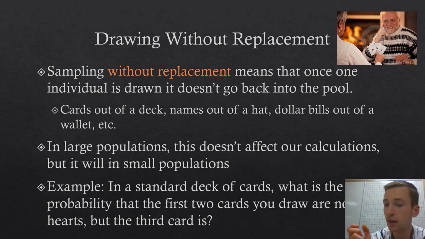But on the second card, again, we don't want that to be a heart, so we now have 51 cards, that would be our denominator, and 38 of those are not hearts. And then on the third card, we're now down to 50 cards, so that would be our denominator, and now we have 13, so 13 out of 50. To get our final probability, you would just multiply those three numbers.